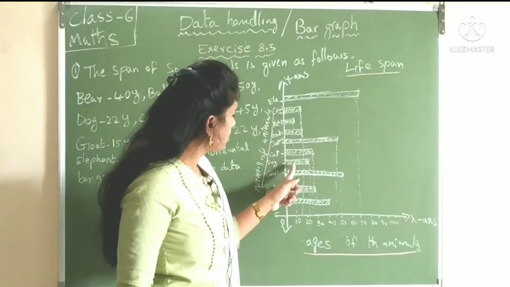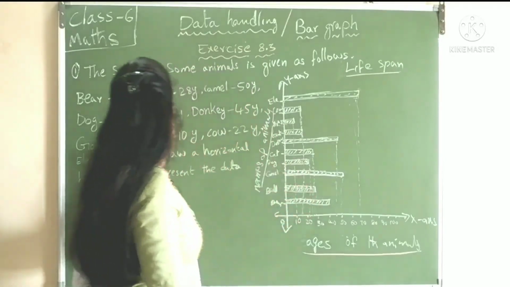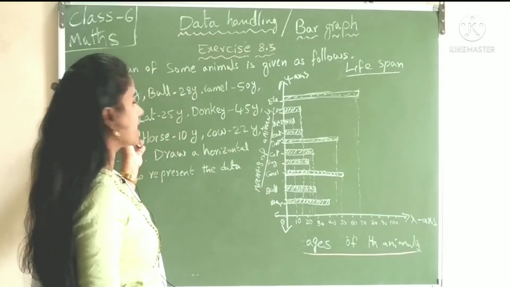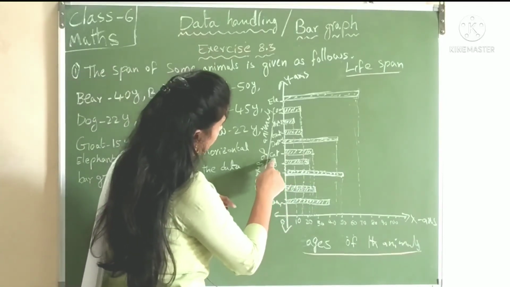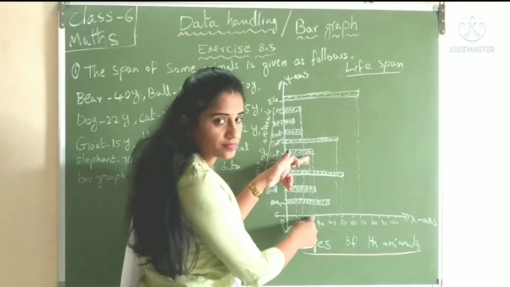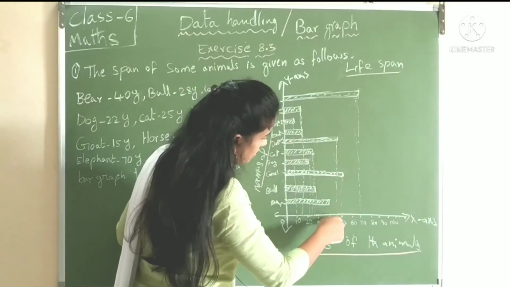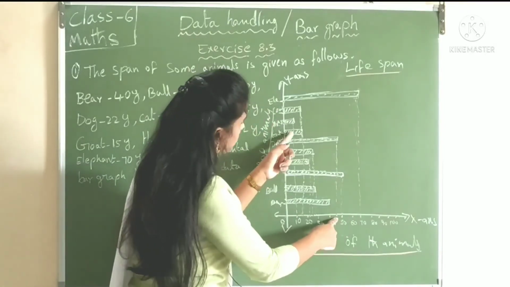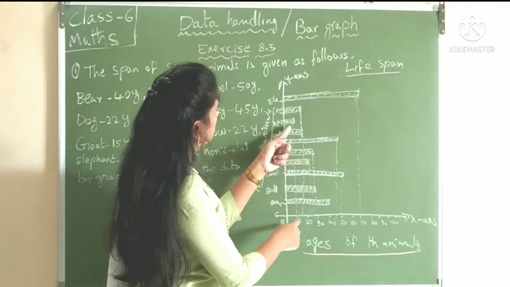Dog has 22 years. And cat has 25 years. And donkey has 45 years.